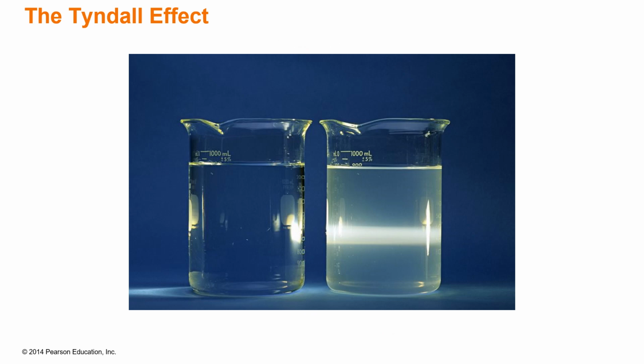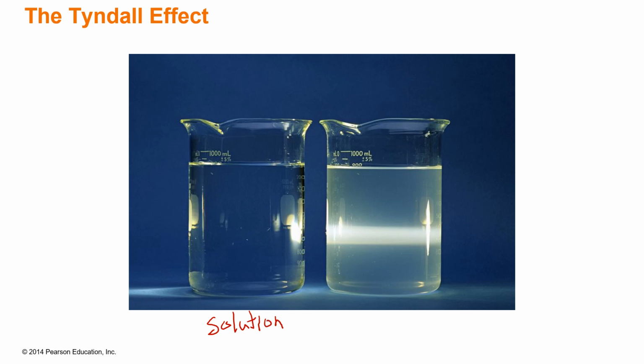We can tell whether or not we have an emulsification or a colloid or suspension versus a solution based on the Tyndall effect. The Tyndall effect is the scattering of light. If we do not see that light beam, then it is a solution.